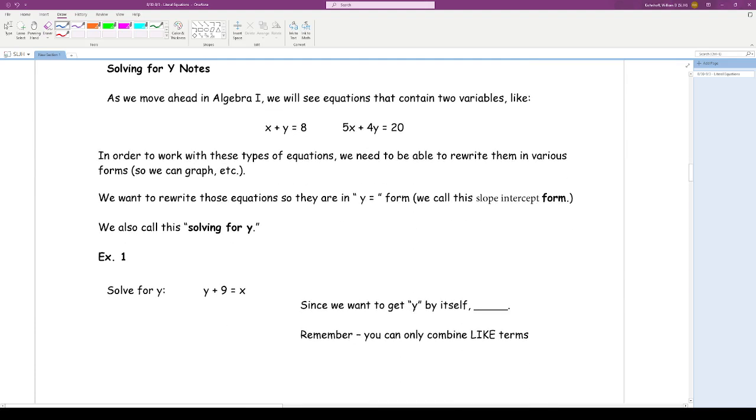Now, a lot of times in algebra, we're going to be using equations that have an x and a y because we're dealing with equations of lines and linear functions. So you're going to see a lot of things that have an x and a y, and we're going to need to rearrange them into what we call standard form or slope-intercept form.